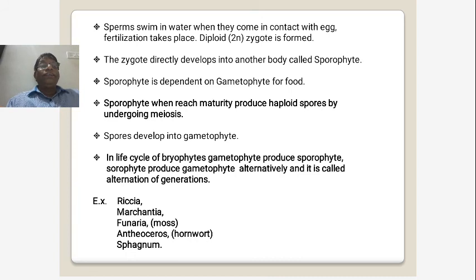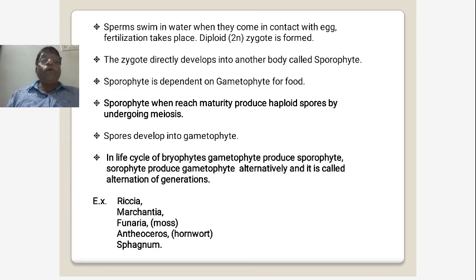Okay, next, what happens to this zygote? The zygote directly develops into another plant body called sporophyte. We have seen already gametophyte, but this body is called sporophyte.